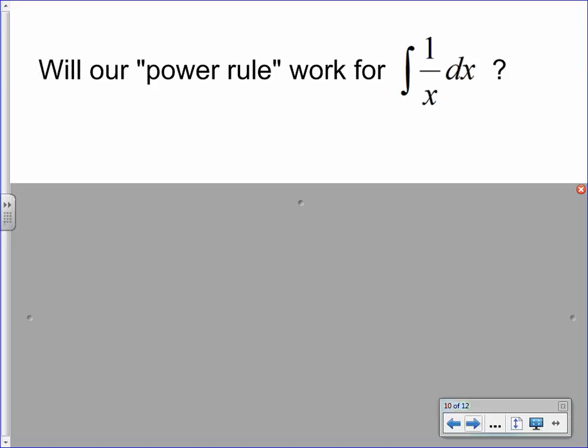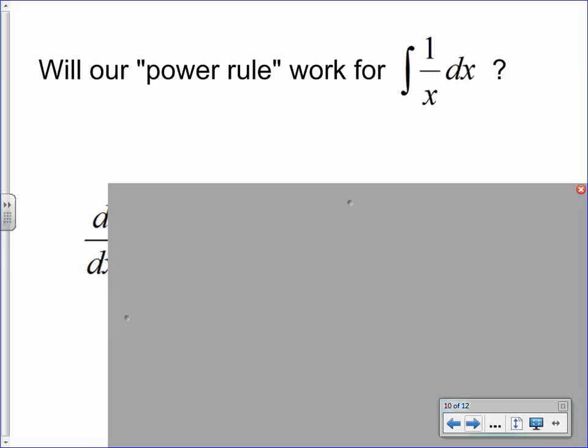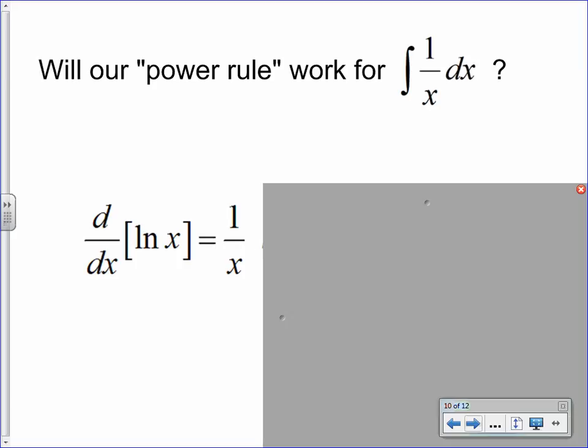What could we take the derivative of to get 1 over x? The natural log.